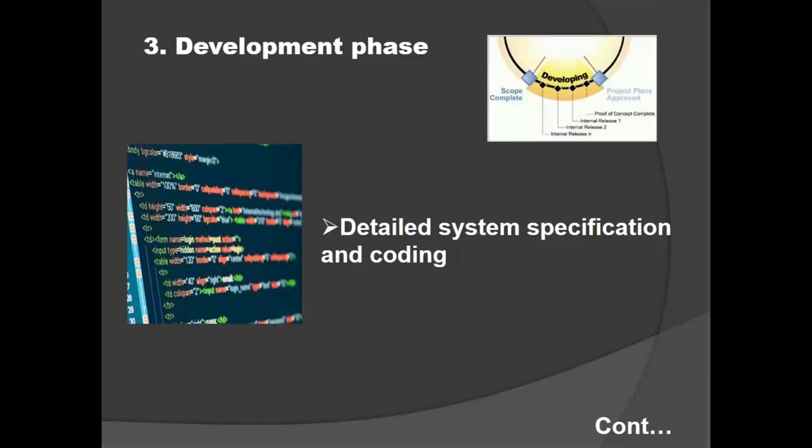So that's the reason the BA is going to trace and monitor their work. Okay, so monitoring in the sense whether the development team is developing as per the SRS document or not, and tracing in the sense whether they are completing their given targets as per the schedule or not.